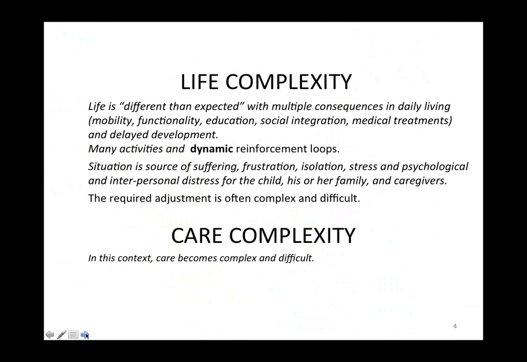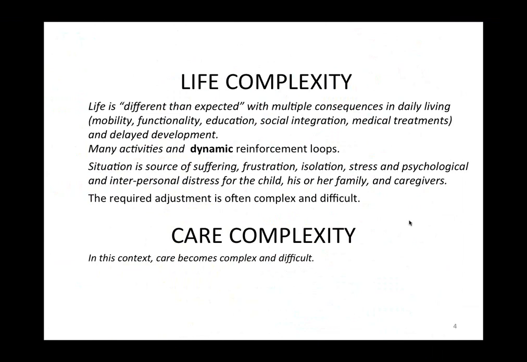Many activities are dynamic, and there are reinforcement loops, which means that when something doesn't work in one specific area, it has consequences on the other ones, which makes the situation extremely difficult to understand and, of course, difficult to find solutions, which is the point here. The loops make the complexity.